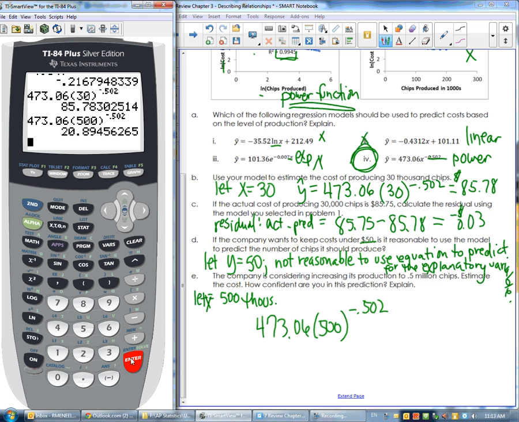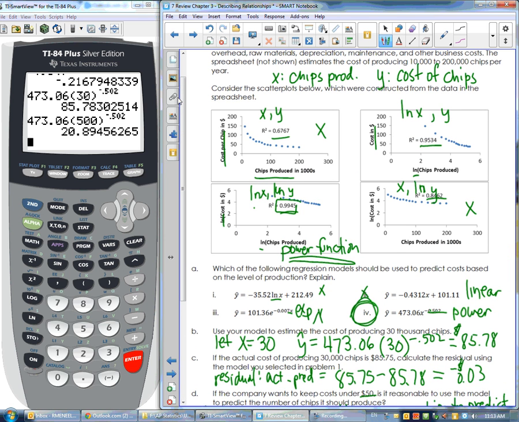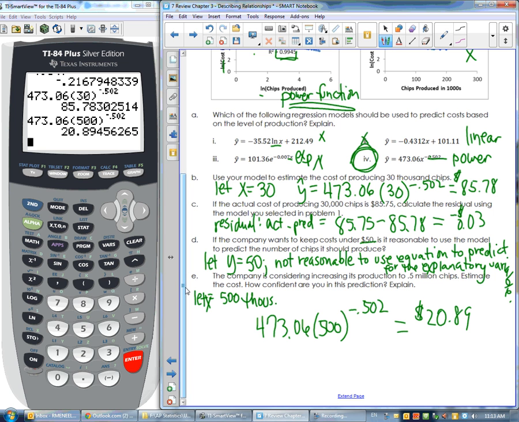I get $20.89. I can tell from my original scatter plot, the highest value that x takes on is 300. Actually, in terms of my data, it looks like 200,000 is the highest value that my data has. So to make a prediction when x is 500,000 is too far beyond my data. I don't have any data to support my model at that point, so I would not be very confident in this prediction.